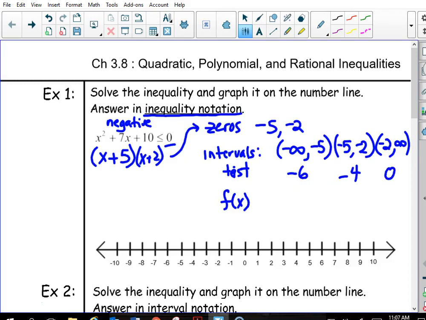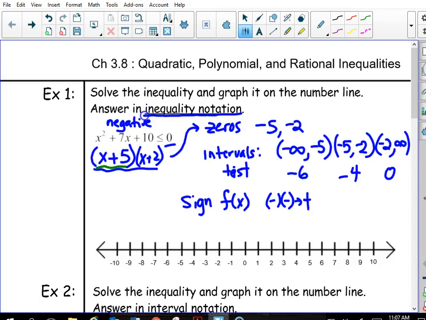So what I do is plug these into my factors, because with the factors it's easy to see, and all we need to know is the sign of f of x. All we have to determine by plugging in our test numbers is the sign of each piece and the overall sign of f of x. Well, if I plug in a -6 to x plus 5, I'm going to get a negative. And the same thing happens if I plug in a -6 to x plus 2. I'm going to get a negative.